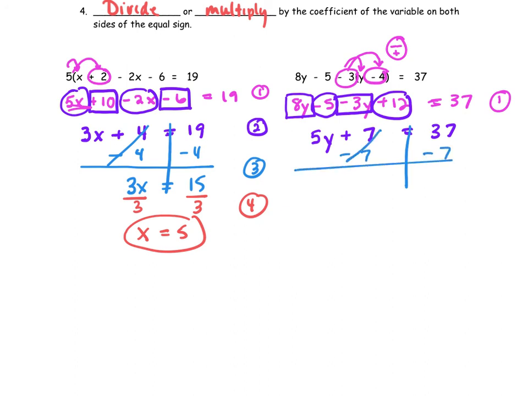So we've eliminated it, leaving 5y equals 30. And the final step is to eliminate the coefficient, and we do that by deciding what the coefficient is doing. It's multiplying y, so we're going to do the opposite. We're going to divide by 5 on both sides, eliminating the 5, and our final answer is y equals 6.